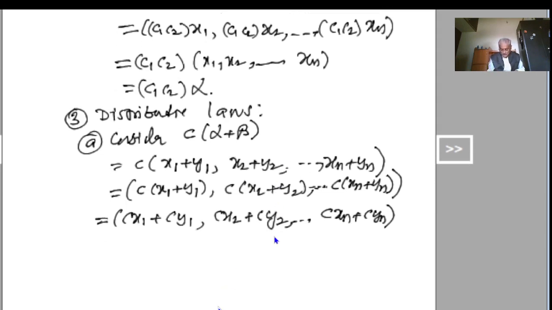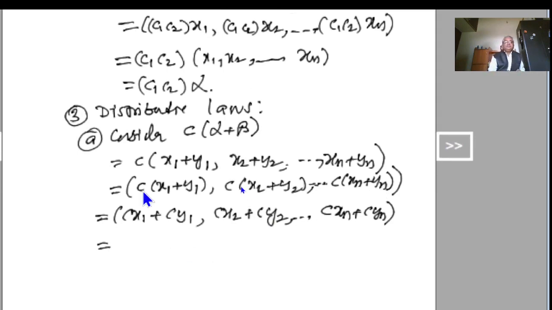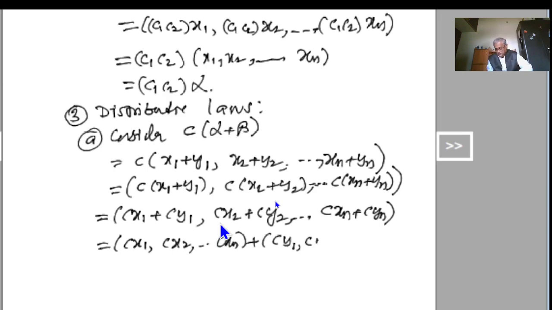This is one vector, and we can write it as the sum of two vectors: cx1, cx2, cxn plus cy1, cy2, cyn.